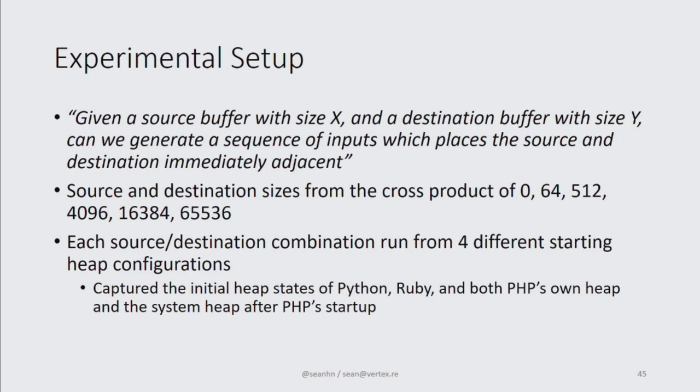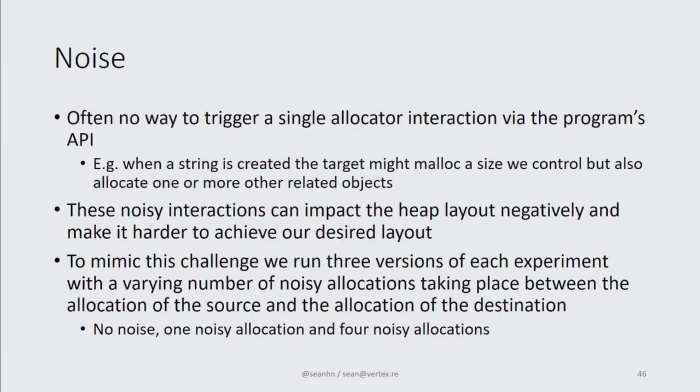So the final experimental configuration thing worth noting is this concept of noise. Because these are synthetic experiments, we're deciding what interactions are available for the search algorithm with the allocator. The easiest case is obviously that the search algorithm can interact directly with the allocator's API, and it can trigger exactly what it wants, and free exactly what it wants. As I mentioned, a lot of the time in reality, these interaction sequences are actually noisy.